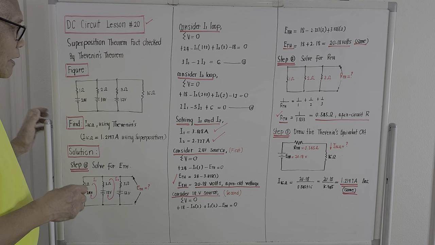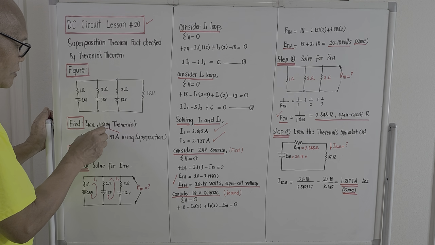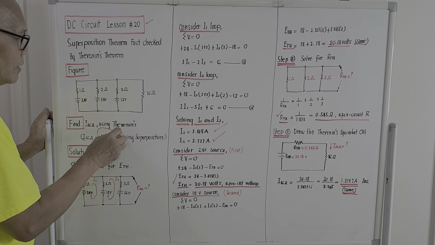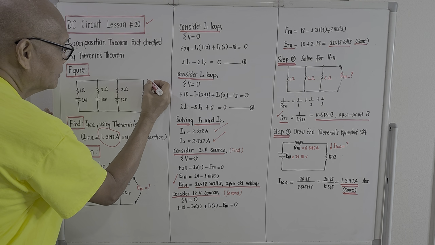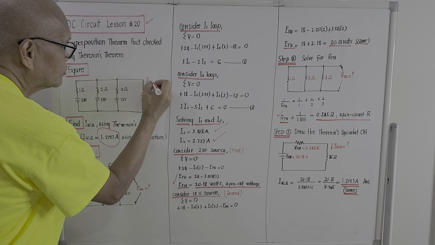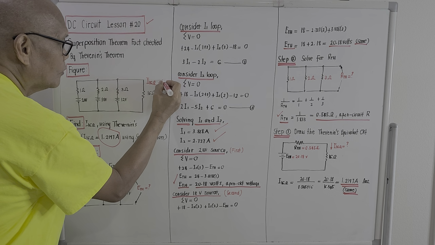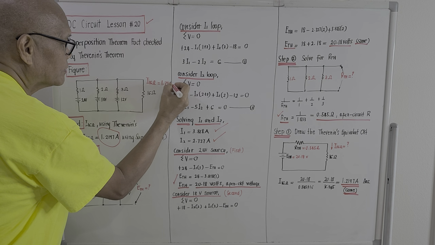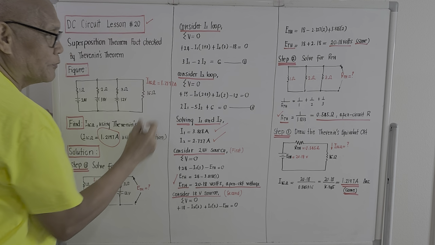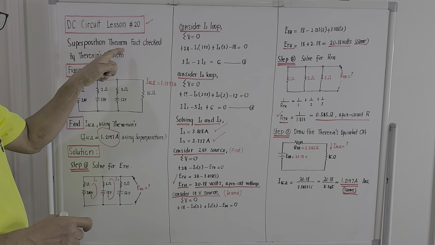And what came out is that this will be the answer for lesson number 19. The current passing here, I sub 16 ohm, is 1.2197 amperes. That is by using the superposition theorem.